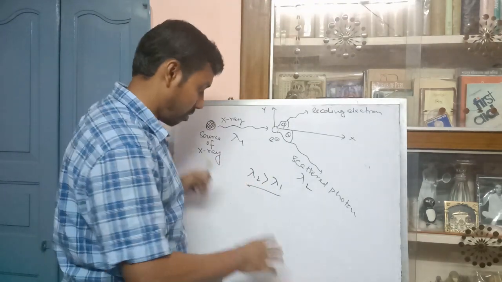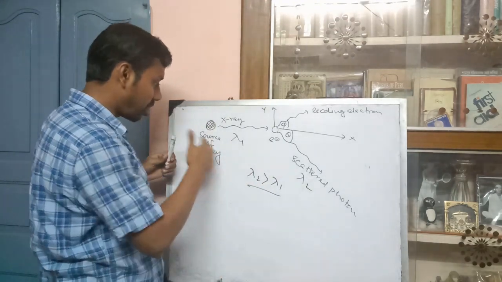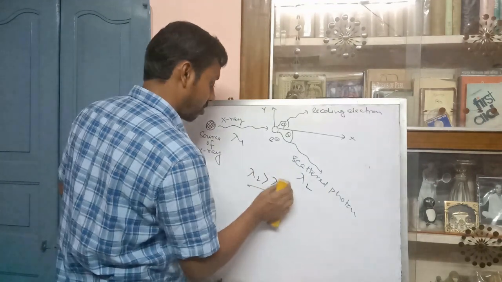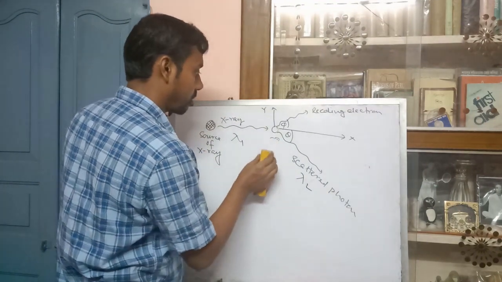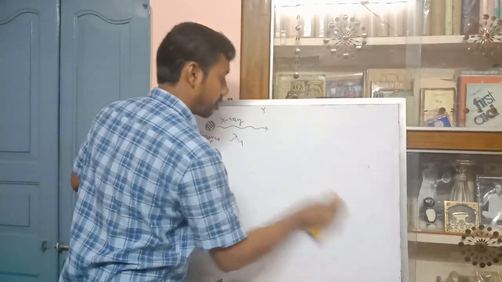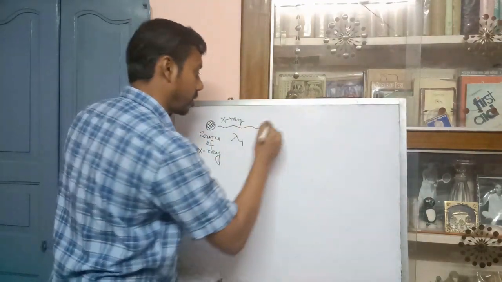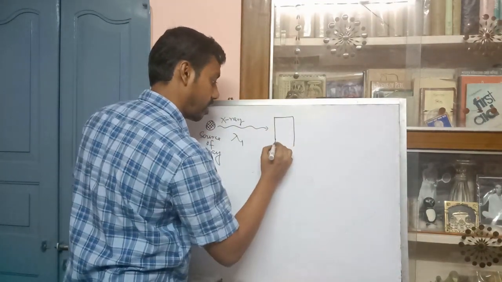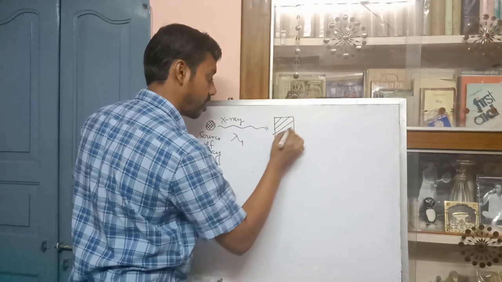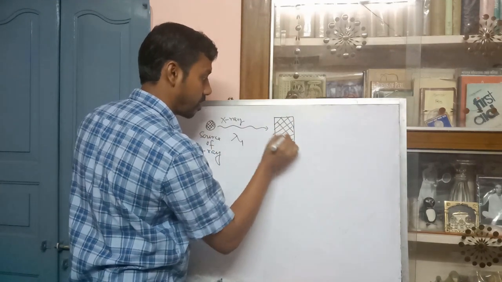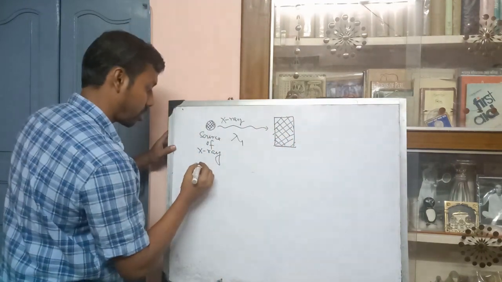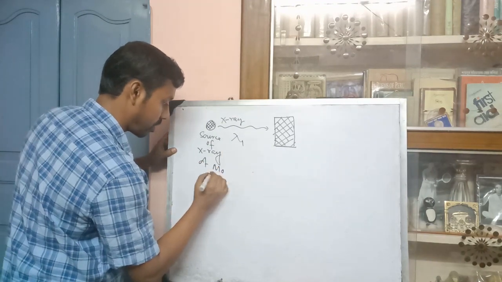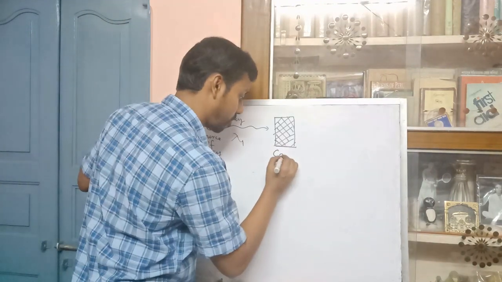Taking a practical example, suppose this is an X-ray source of molybdenum, and this is a carbon foil.